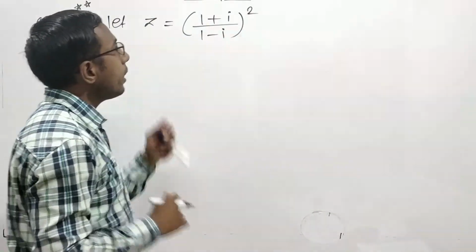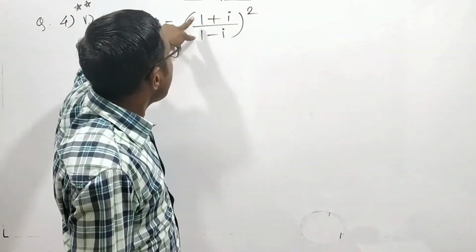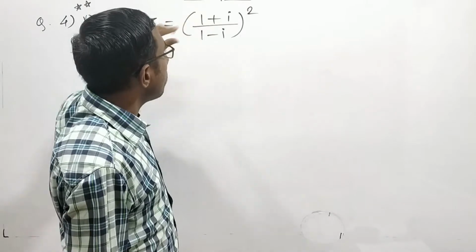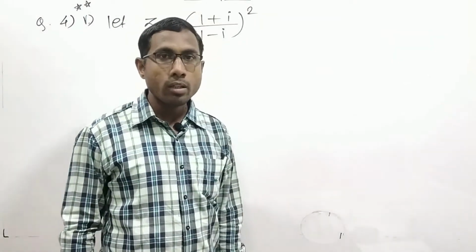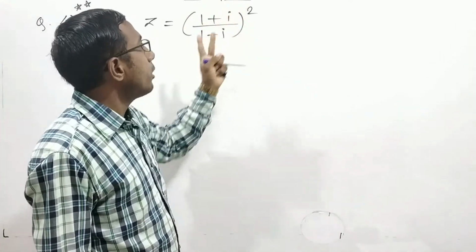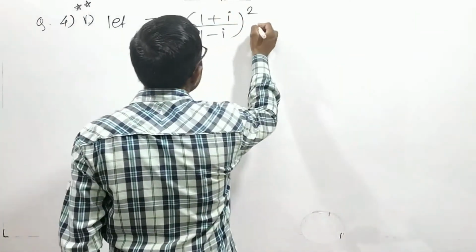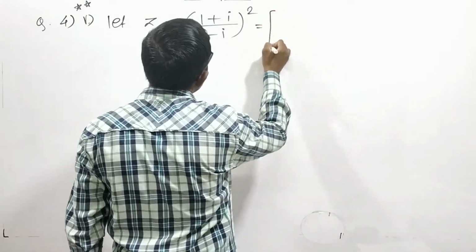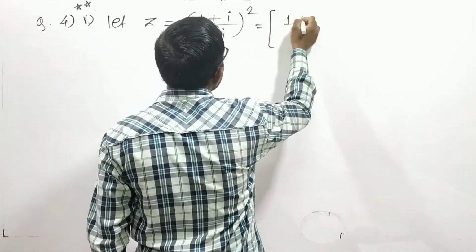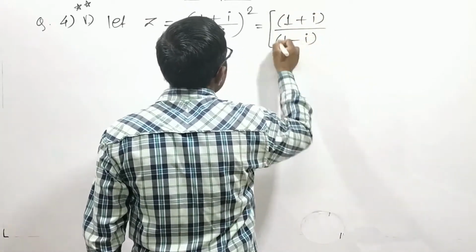Now the way to solve is, firstly, take the division of this complex number. This is the first way. Or the second way is to use such kind of expansion: (a plus b) whole square, (a minus b) whole square. Now let's take the division of this complex number. So it is (1 plus i) divided by (1 minus i).